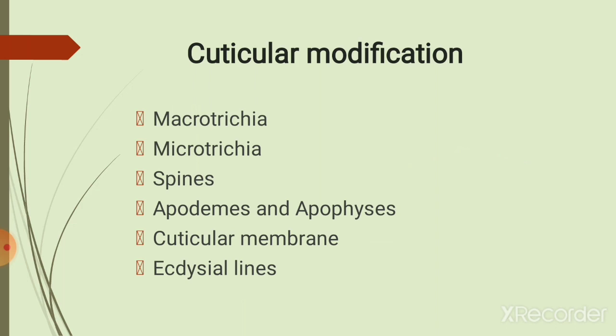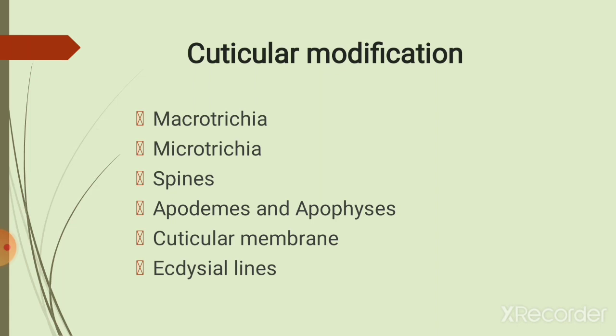They are clothing hairs, then glandular hairs, sensory hairs and the wing scales. Then microtrichia. Microtrichia are fine sensory hairs without a basal articulation. They are confined to the wings in some Mecopteran and Dipteran flies.